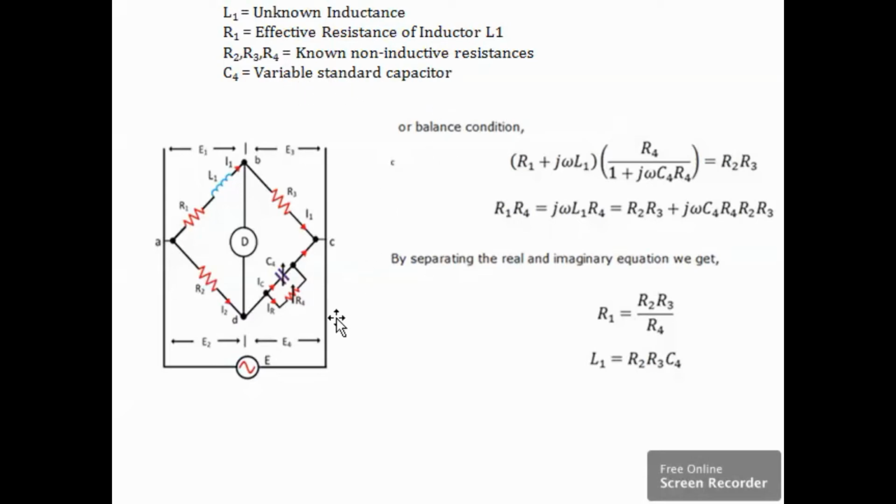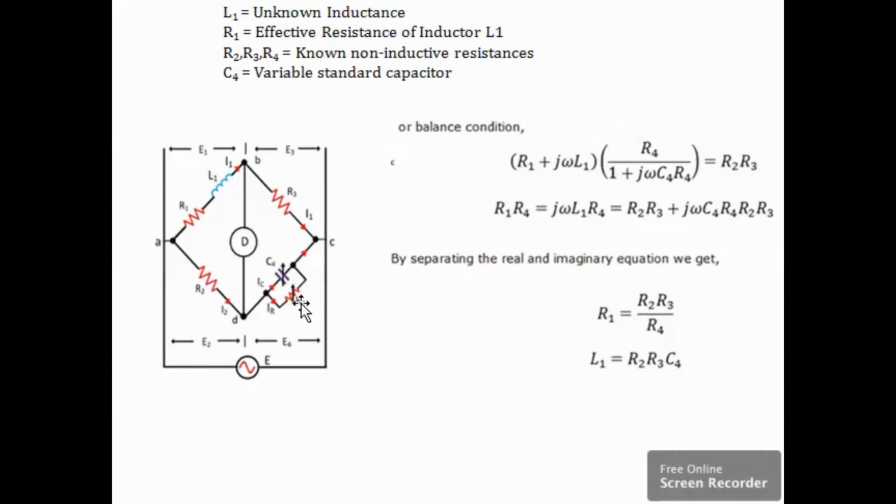So at balance condition, the condition for balance is Z1 Z4 is equal to Z2 Z3. So on substituting for Z1, the impedance of the first arm consists of resistance and inductance connected in series. So the expression for impedance is R1 plus j omega L1. This is Z1. Then Z4: you can see this resistance and capacitor are connected in parallel.